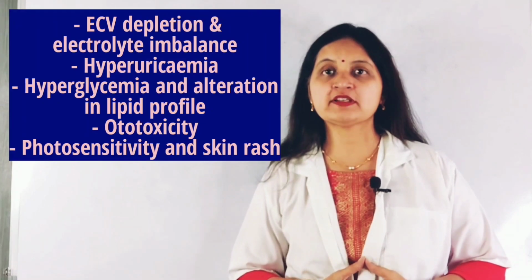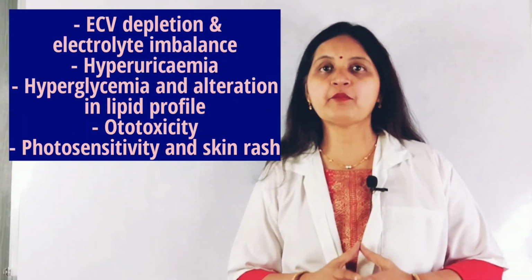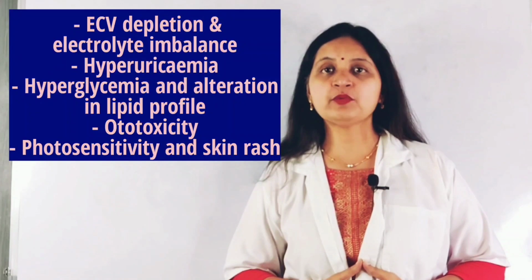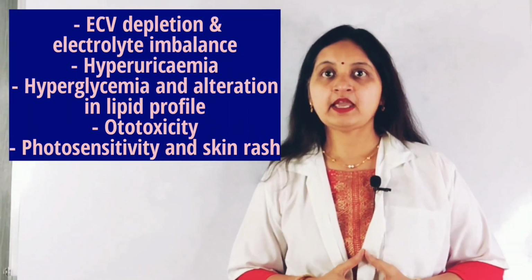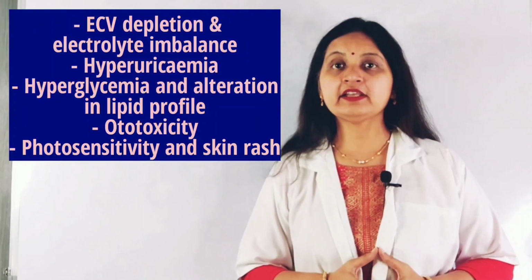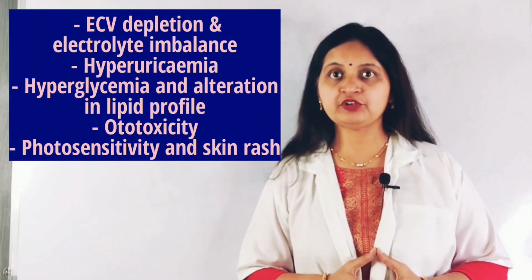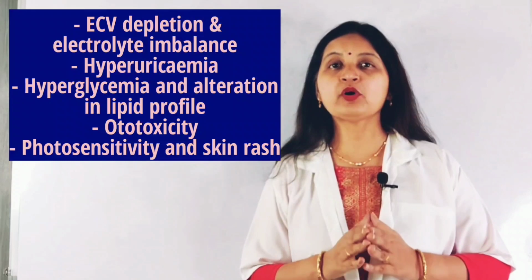Loop diuretics deplete total body sodium and this decreases the extracellular fluid volume, causing hypotension, circulatory collapse, and thromboembolic episodes. In patients with liver disease, it can cause hepatic encephalopathy. Next, loop diuretics can increase secretion of potassium into the tubular lumen causing hypokalemia.